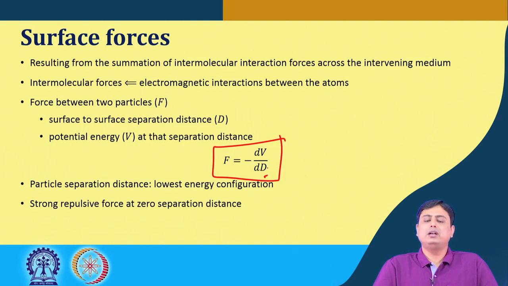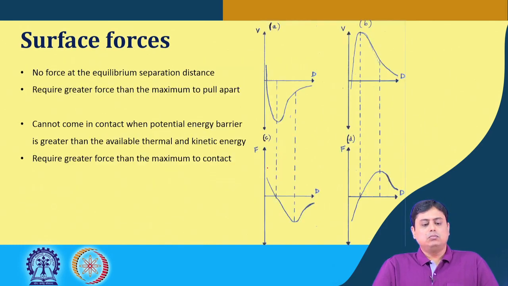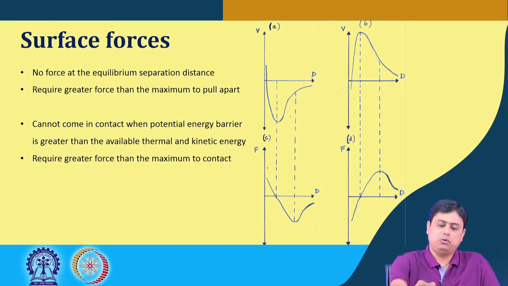When they are in contact, if we try to penetrate one surface with another, there is a strong repulsive force, and that is the reason that in a certain space there can be only one molecule. So, the force profile and the energy profile typically look like this.